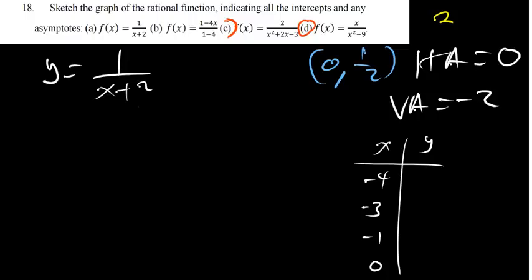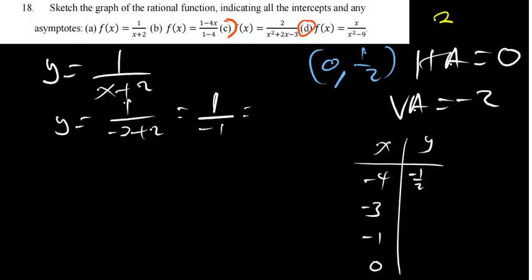That's all. Then let's plug in these values in our equation. If I put -4 here, it's going to be 1 over -4 plus 2. It's going to give me 1 divided by -2, right? So when x is equal to -4, I'm going to have -1 over 2. Let's now plug in -3. If I put -3, you can clearly see that I'm going to have 1 over -3 plus 2, 1 divided by -1, which is going to be what? -1.